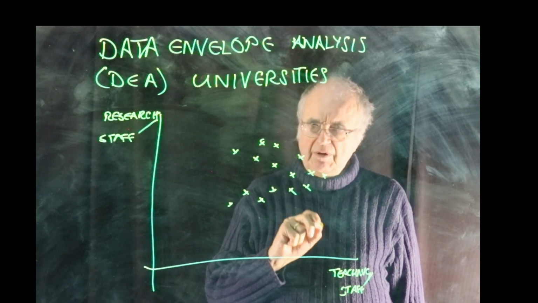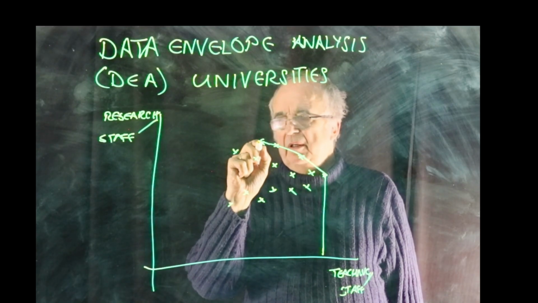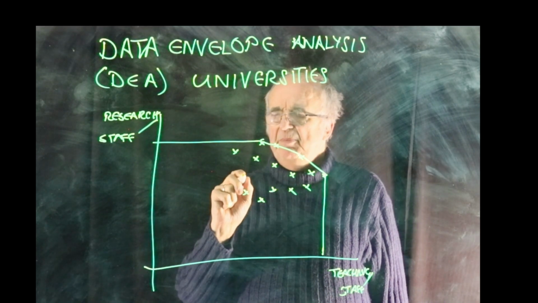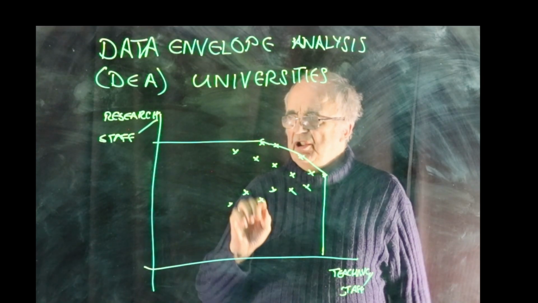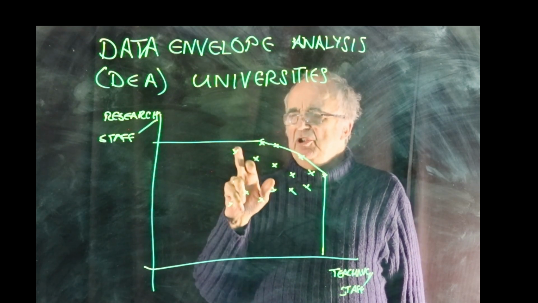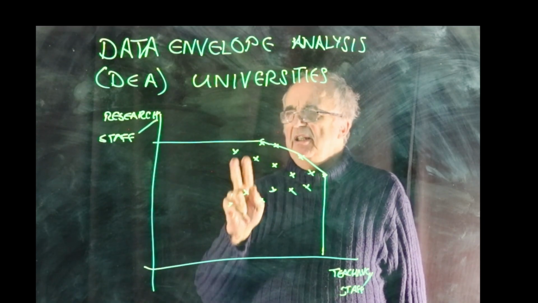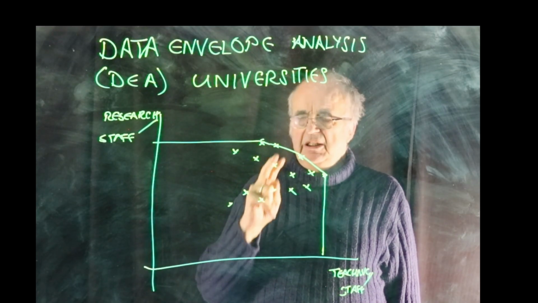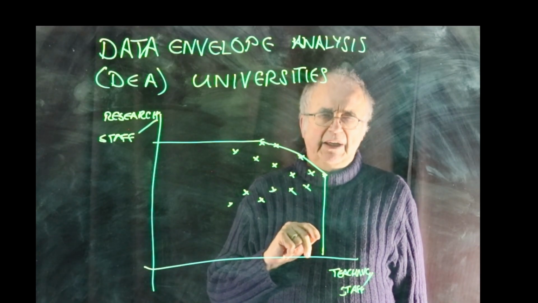And then in data envelope analysis, an envelope around the outside is drawn, and it's possible then to say that the closer an institution is to the boundary, the more it's producing of either research or teaching outputs, depending on which boundary it's closer to. It's producing more of, or more of a mixture of, research and teaching outputs the closer it gets to that boundary.